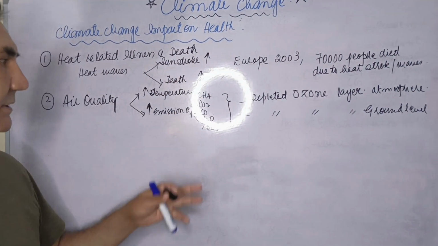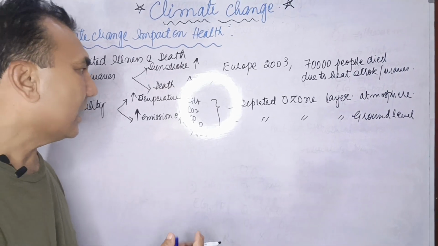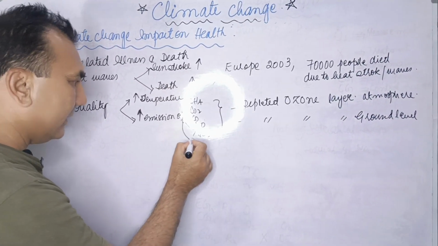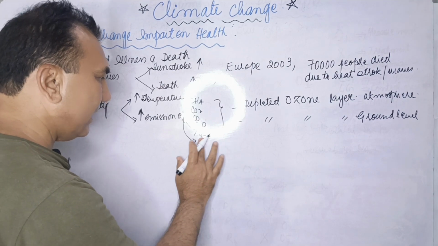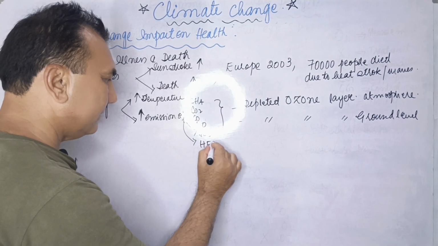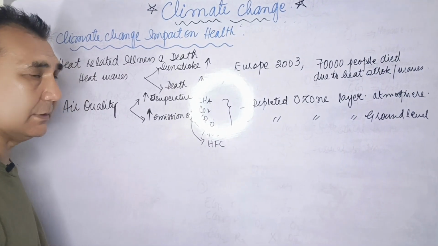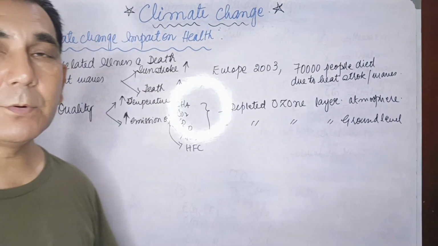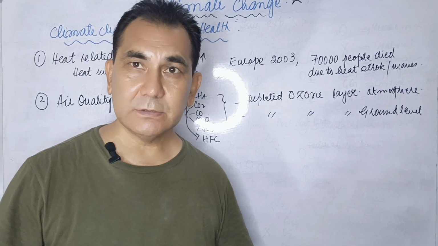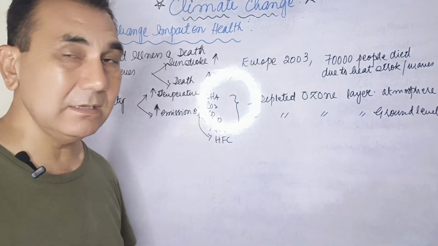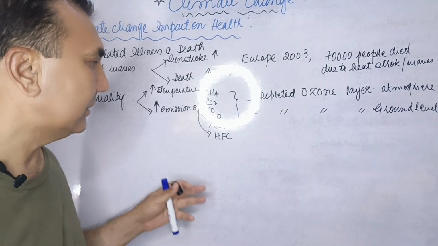The ozone layer is affected by the emission of carbon dioxide gas, carbon monoxide, and HFC, hydrofluorocarbon, which is mostly produced by refrigerators and ACs installed in houses.